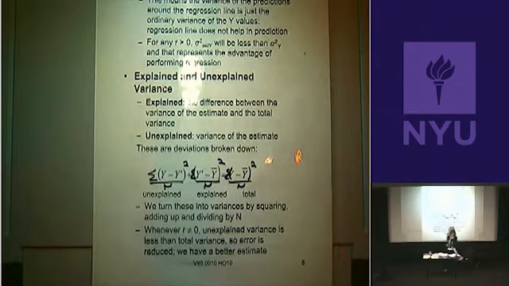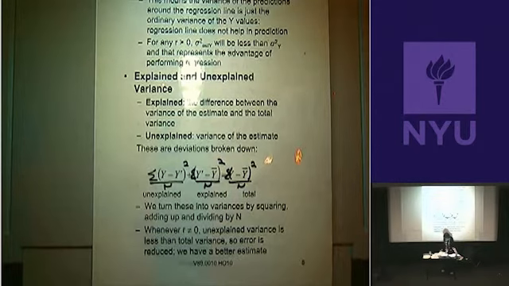Again, you're looking for a correlation that's not 0 to make the variance of the estimate, the unexplained variance, smaller, and the explained variance bigger. Because if the explained variance is bigger, then it's a better predictor than the mean.